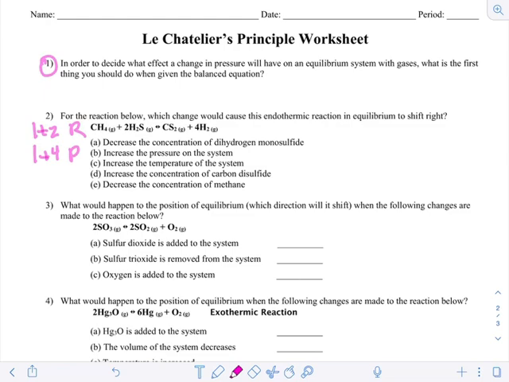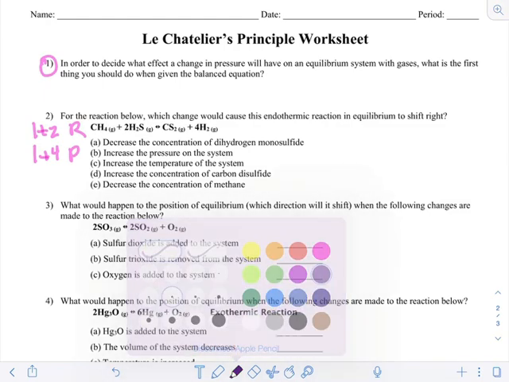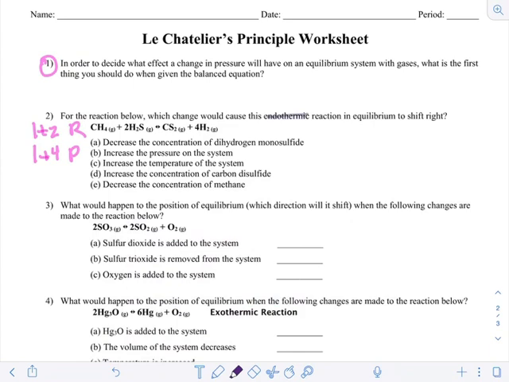If it's low pressure, it's going to go to the side with the higher moles. Now here, it's an endothermic reaction, okay? And because it's endothermic, that means the heat is on the reactant side.